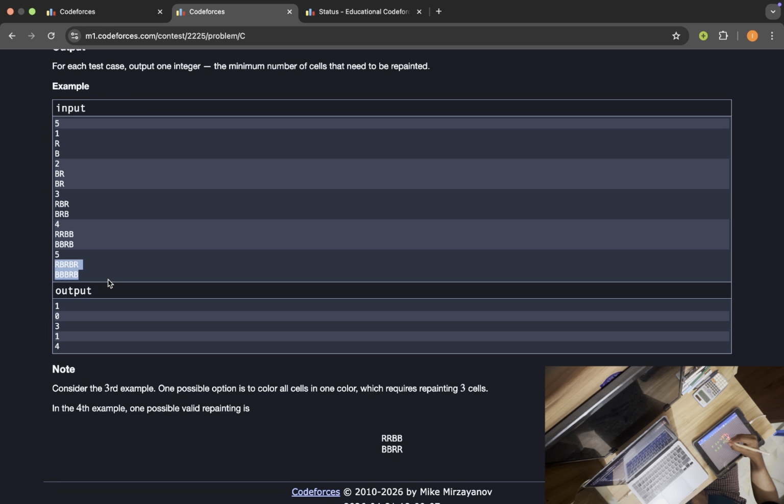For B, if I pair it with the previous one, it will still need one operation. If I pair it with this one, one operation, or this one, one operation. So I have three options. All are the same.